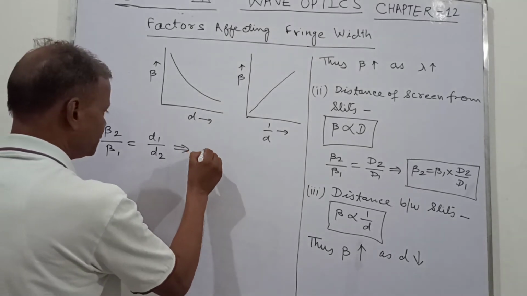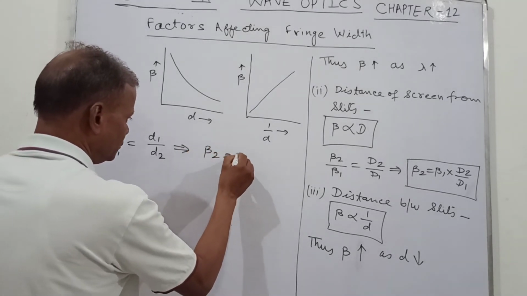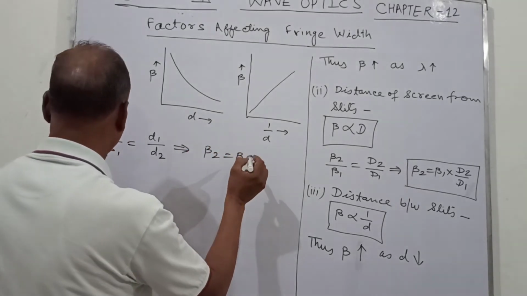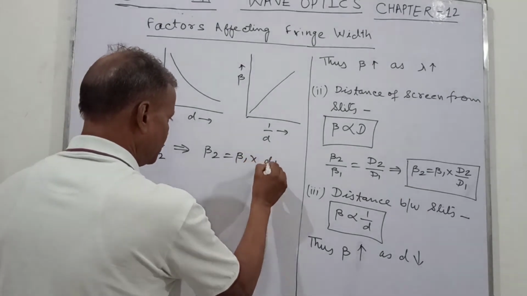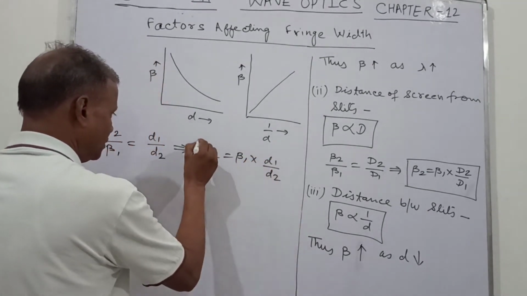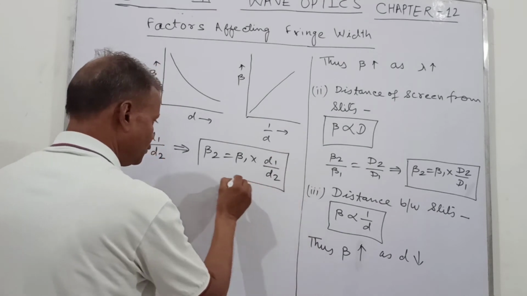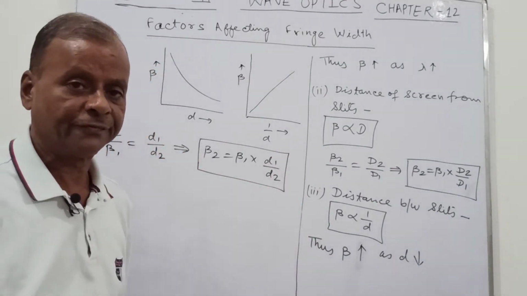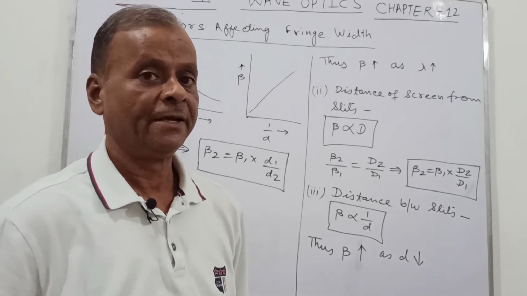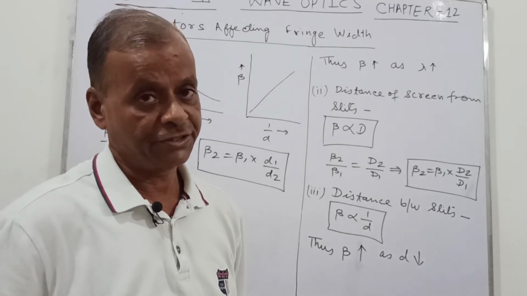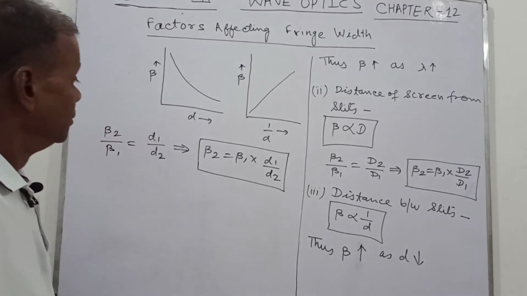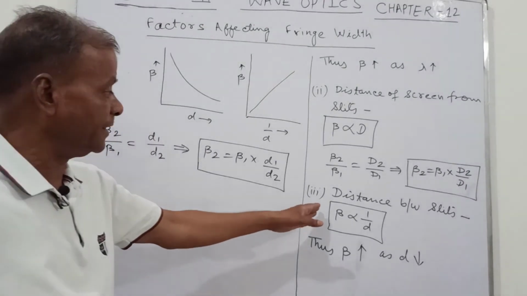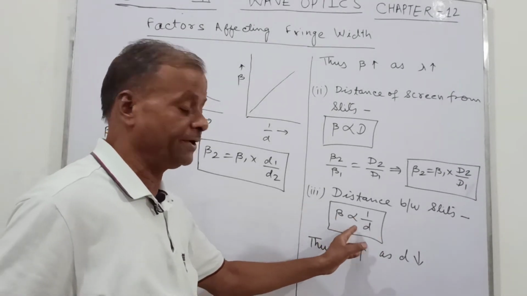Or we can have this beta 2 is equal to beta 1 into d1 upon d2, like this. So you can compare that by decreasing or increasing the distance between the slits, the beta also changes. So this is the third factor that affects the beta.